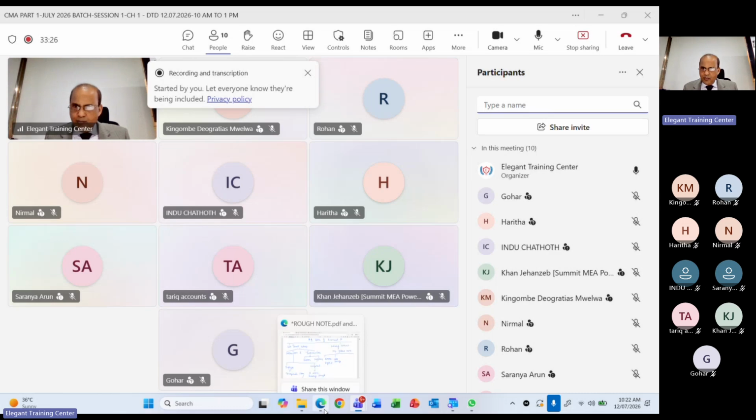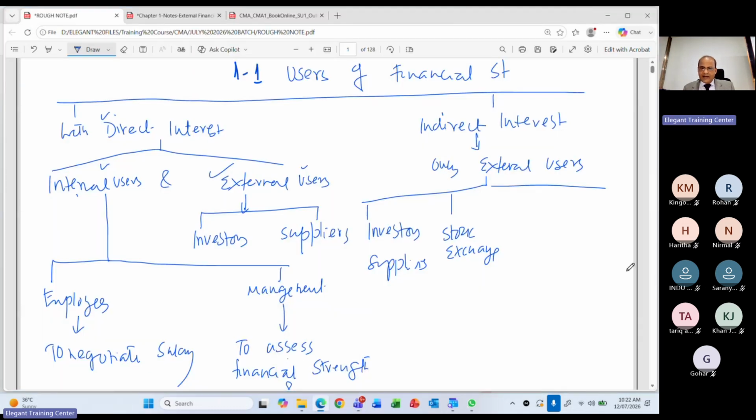Yes, public company. Then regulators. Regulators are also external users. Who are the regulators? Licensing authorities. Every company is regulated by various authorities, like income tax authorities, your FTA also, tax authorities, right?